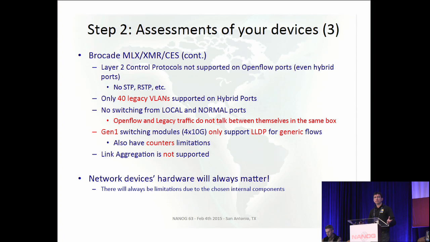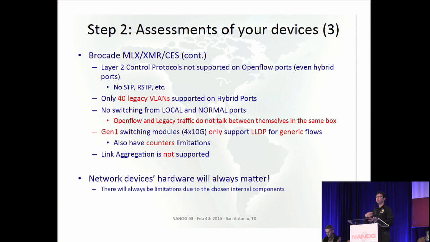And then one thing that was a problem for us is that the Brocade does not support link aggregation if you enable Openflow in the link aggregation ports. So every flow that has to follow the link aggregation port, we have to create a workaround. And also, the Brocade does not support communication between legacy traffic and Openflow traffic within the same box.